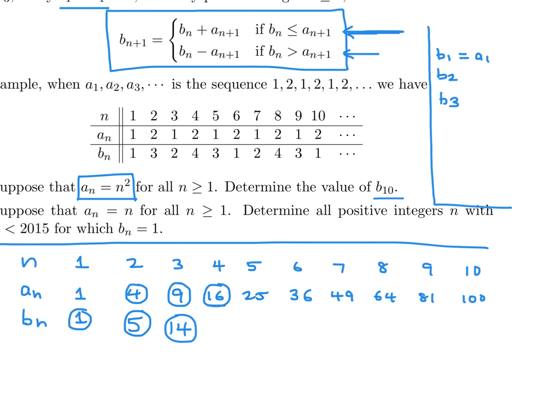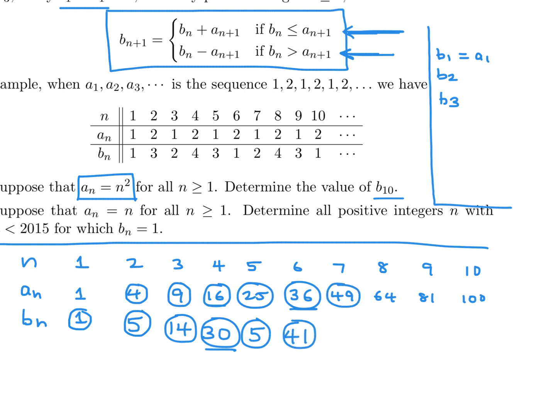So you add them. Now again, you compare this one and this one. This time, this is bigger, so it's the second scenario. If it's the second scenario, you subtract them. So it would be 30 minus 25, which is 5. Got it? Then again, compare this one and this one. This one is bigger, so you add them, 41.